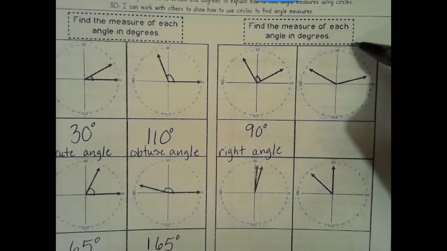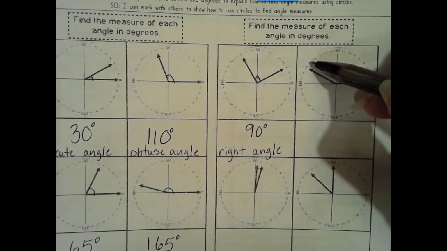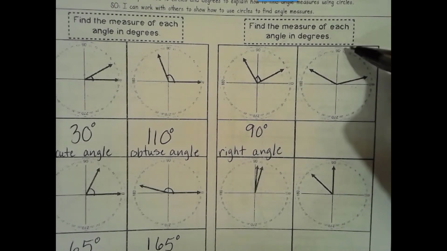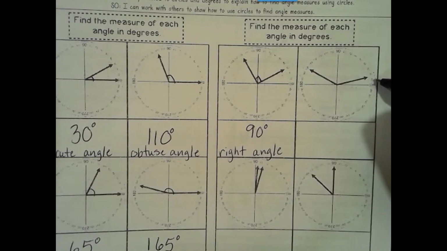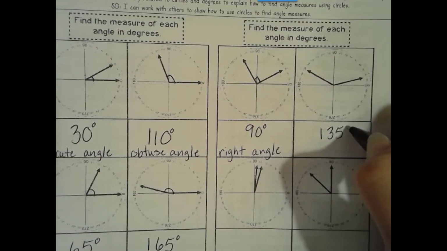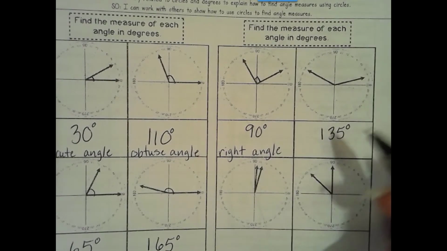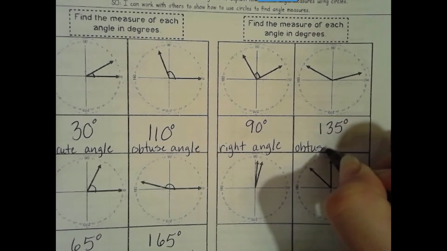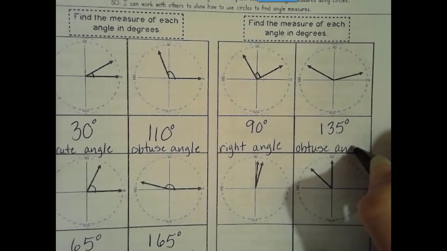So I'm going to count from this side over this way. 10, 20, 30, 40, 50, 60, 70, 80, 90, 100, 110, 120, 130. So halfway between 130 and 140 is 135 degrees. That is greater than 90 degrees, so that is an obtuse angle.